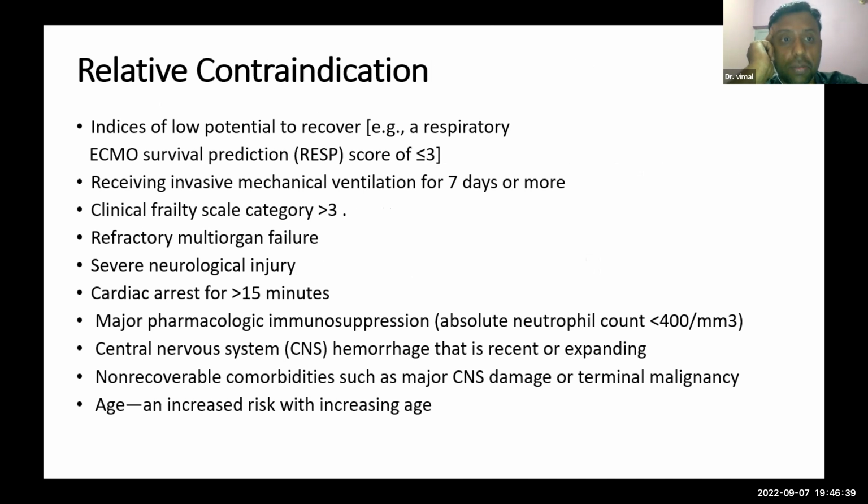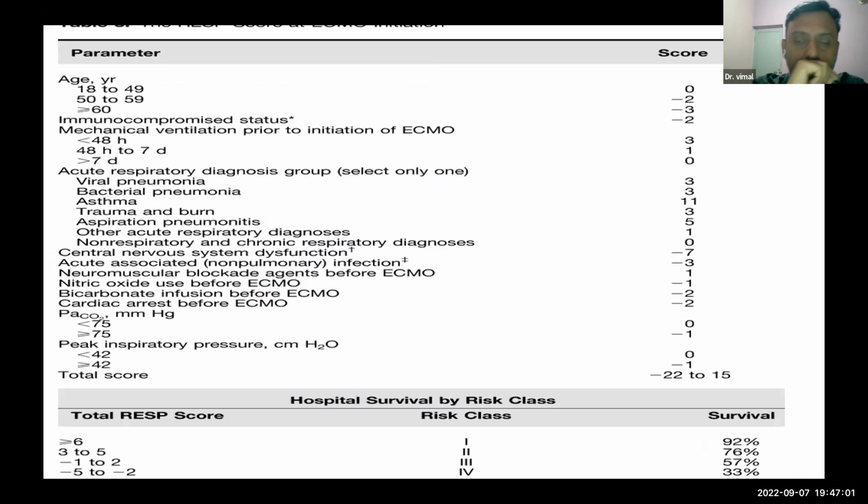We need to know what are the contraindications more than the indications. So indices of low potential to recover with a RESP score, which is a short form of a respiratory ECMO survival prediction score of less than 3. A RESP score of less than 3. So this is the RESP score.